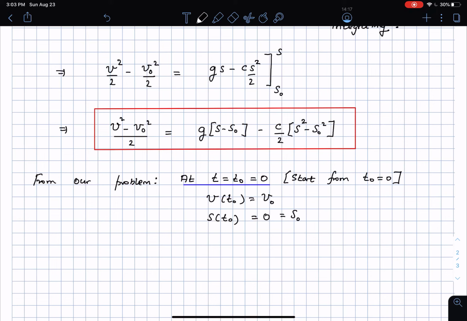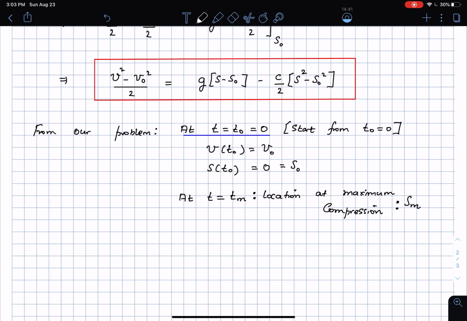Then at t is equal to tm, that is the location at maximum compression, which is called SM.